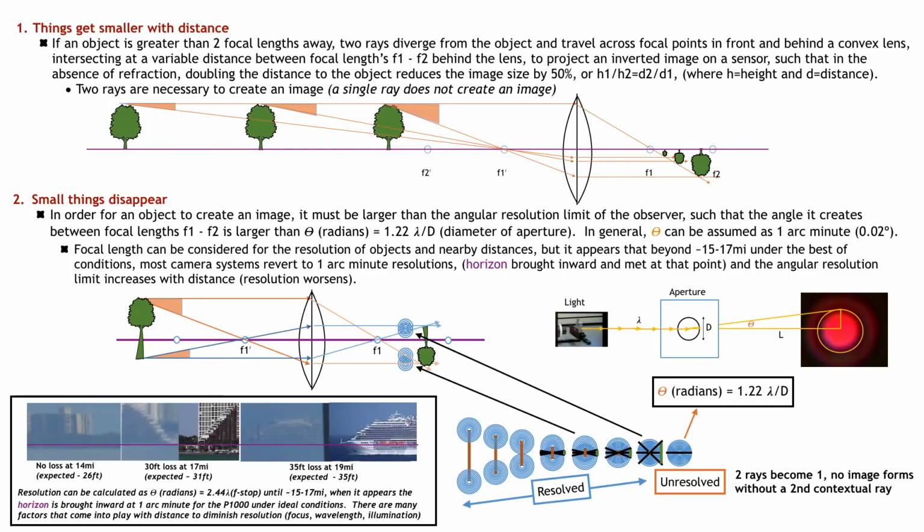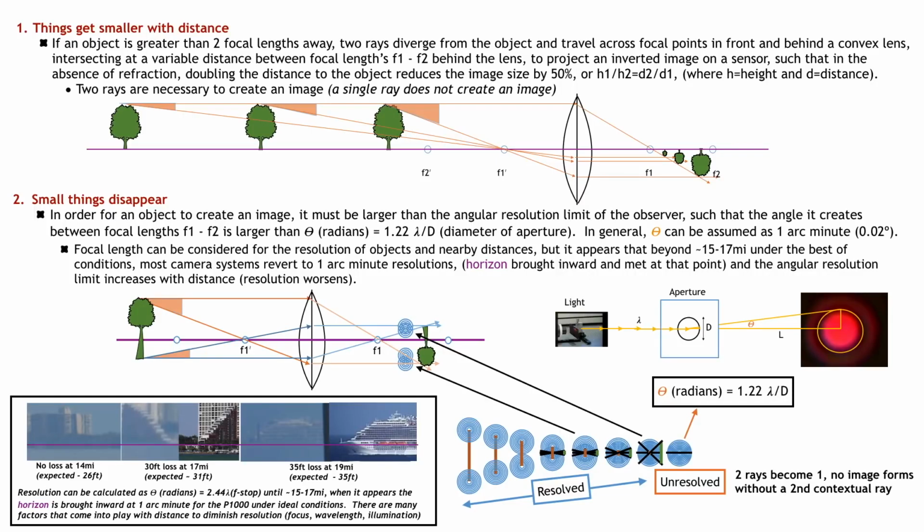And so that point again is theta in radians equal to 1.22 lambda divided by d, the aperture. And then we noted again that there are differing ways to produce this angle, and under certain circumstances the angle can be extremely low given the right conditions, and we can resolve great distances and small amounts of information in great detail.